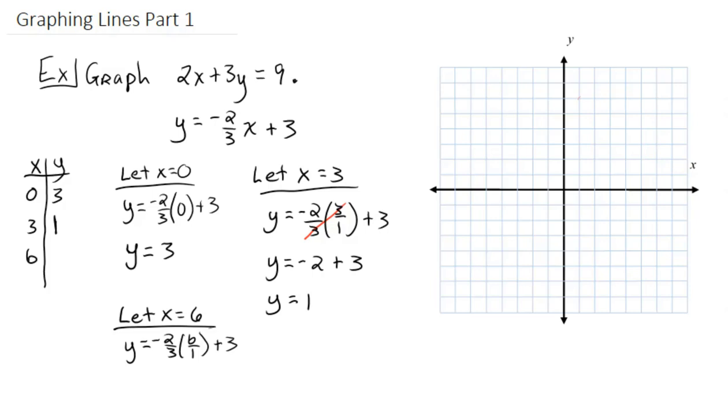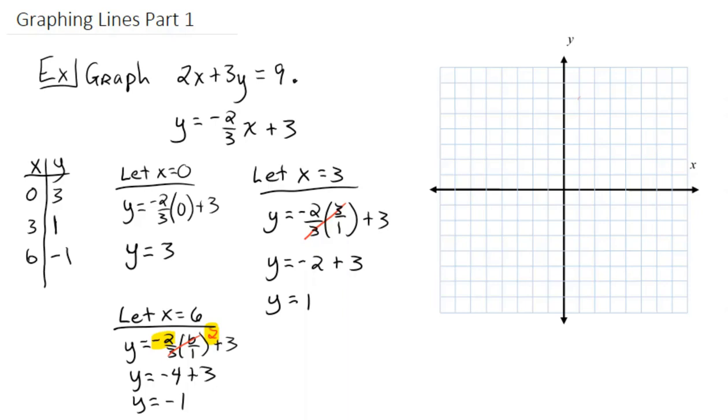Okay, and then plugging in the 6, like we saw before, that's going to reduce down to a 2. So now it's really important, I'm going to take this 2 times a negative 2. Sometimes that negative gets lost, so be careful with that. That's going to give me a negative 4 plus 3, which equals a negative 1.